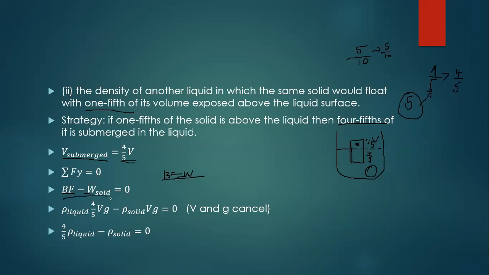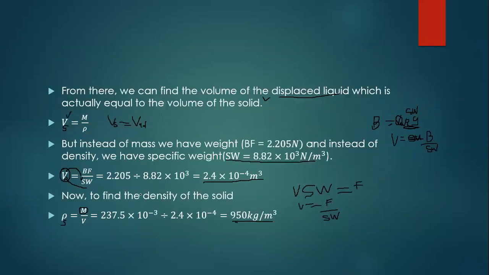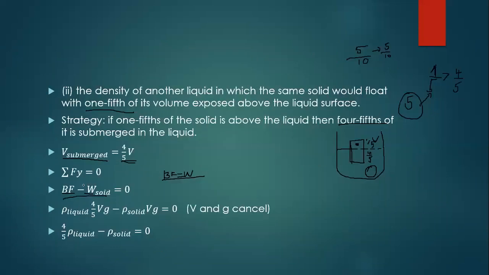Here we used a condition to say that buoyancy force, since it is not floating, it is sinking inside there, will not equal the weight, but it will equal the weight minus the weight of the solid in the liquid. In this case, there is no weight in the liquid because it's floating. Of course, there is some portion of it here, but we will not consider it because we have been told it's floating. So now, how do we express this?